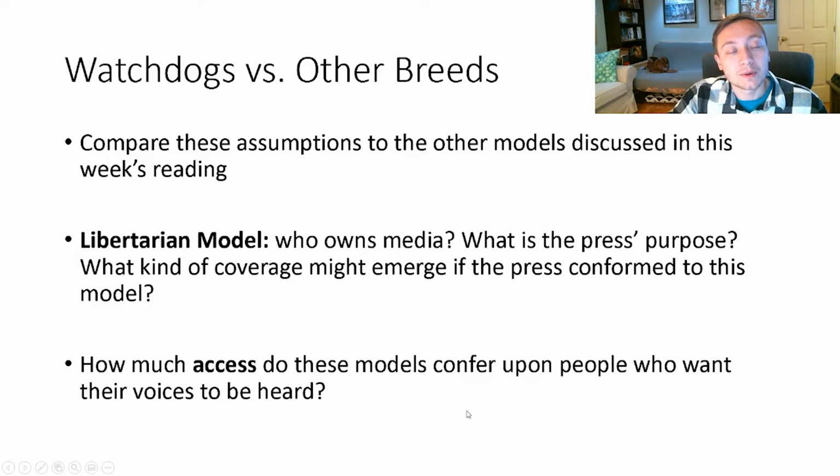And then another question that you should really think about when reading through this reading is the question of access. And we think about this idea that in the social responsibility model, there are many avenues, and the journalists are being very sensitive to the public's agenda, right? We said agenda setting in the first module was one of the most important concepts of having a good democracy. In this other model, in this libertarian model, is there as much access conferred upon people who might want their voices to be heard, who might want to set the agenda?